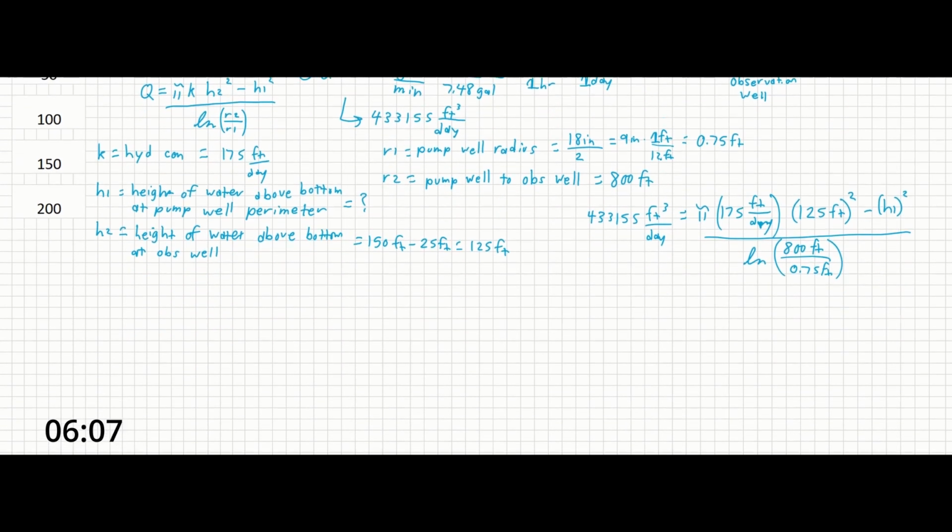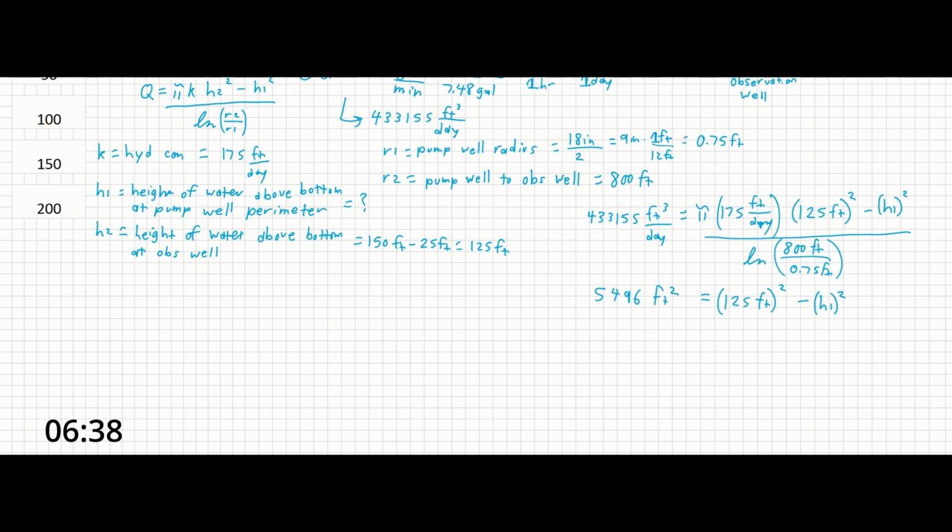And now all we have to do is simplify this down. If we start by multiplying the ln quantity over to the other side of the equation and then dividing out our pi and our K, we get 5496 feet squared equals 125 feet squared minus H1 squared.